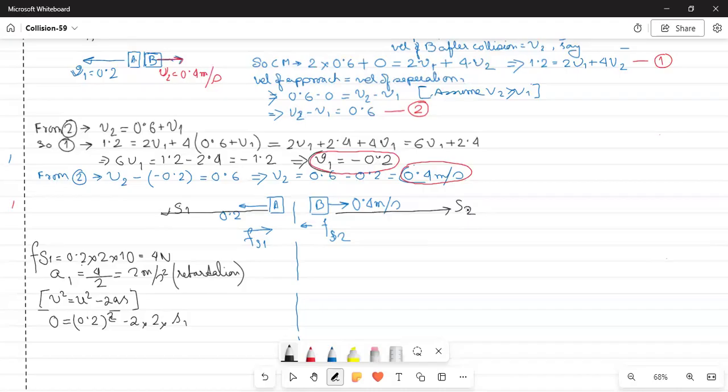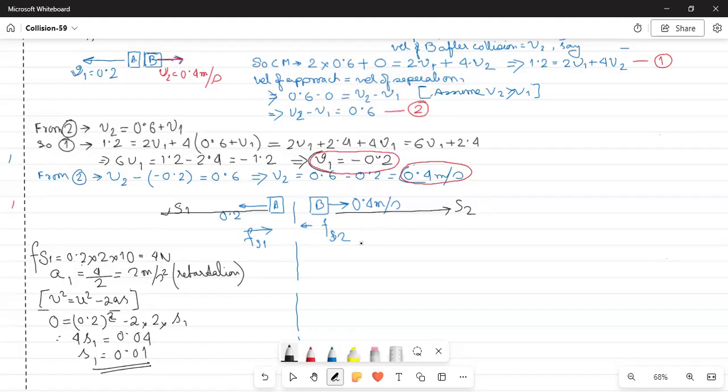This is an assumption. From here we get 4S1 is equal to 0.2 whole square, equal to 0.04. Therefore, S1 equal to 0.01. This is one value.